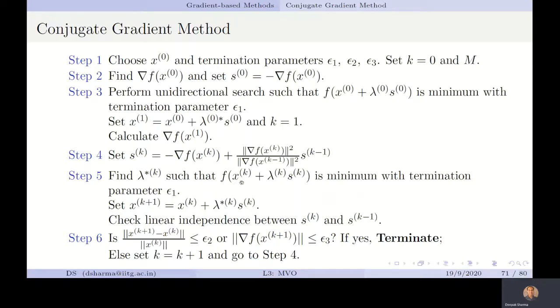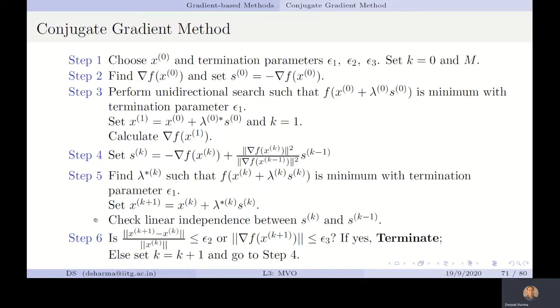So here you can see that we are going to perform a unidirectional search from xk in the direction of sk, and lambda will be our scaling factor. Since we are performing unidirectional search, we can use any of the single variable optimization techniques here to find the value of lambda star. Putting that value, I can get xk plus 1. You can see this in the slide.